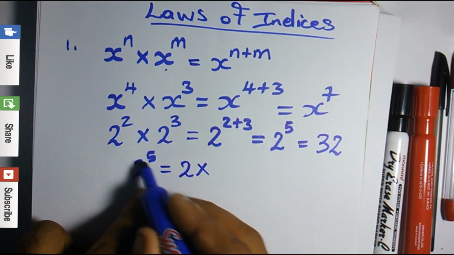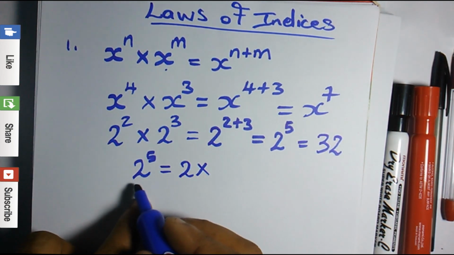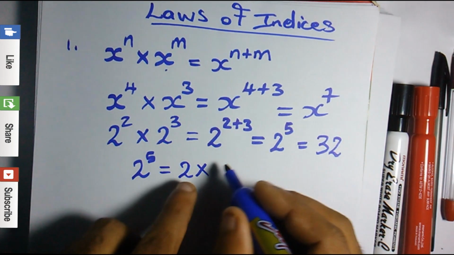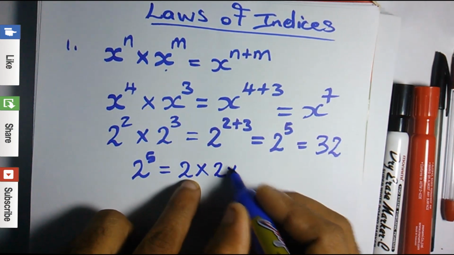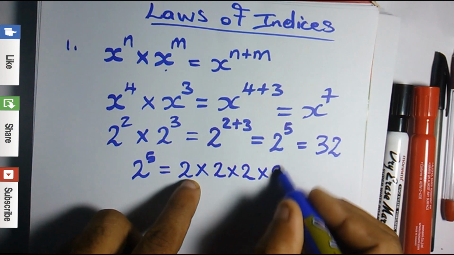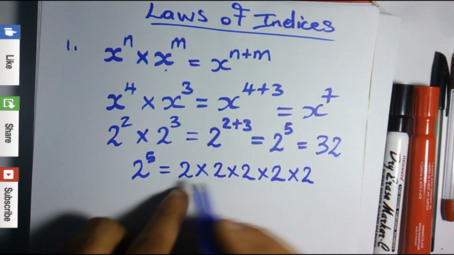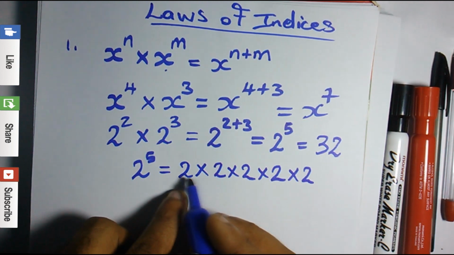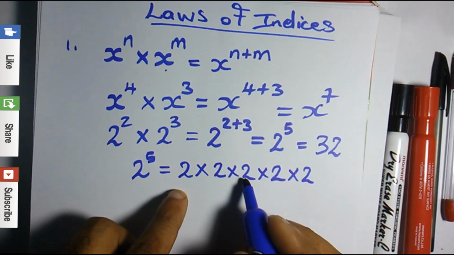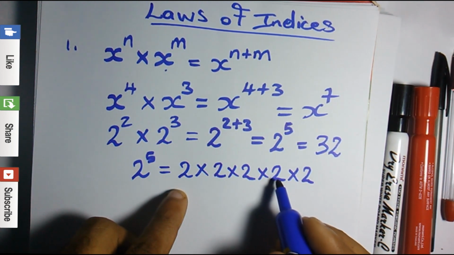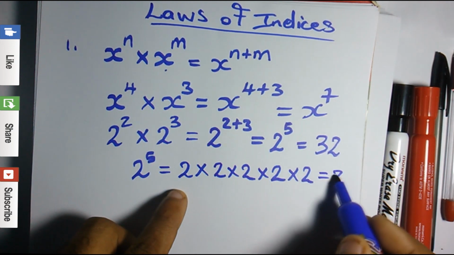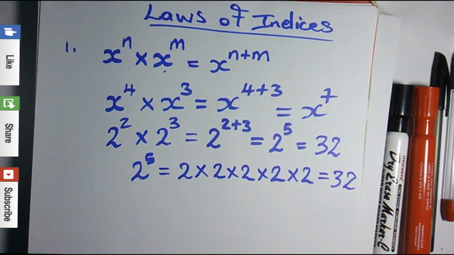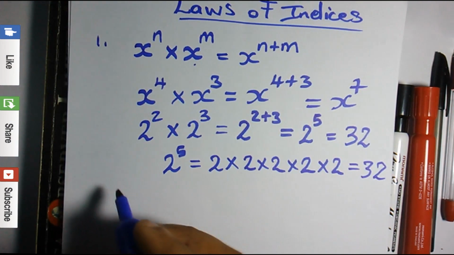The power indicates how many times you multiply this 2 by itself. So it's 2 times 2 times 2 times 2 times 2. How many 2s? 1, 2, 3, 4, 5. So 2 twos are 4, 4 twos are 8, 8 twos are 16, and 16 times 2 is 32. So the law of indices is very important. That's just law 1.